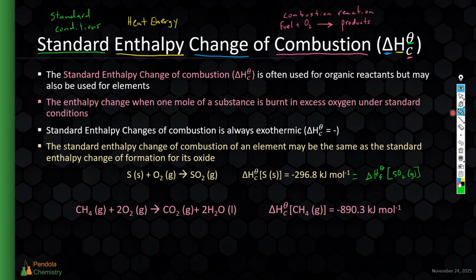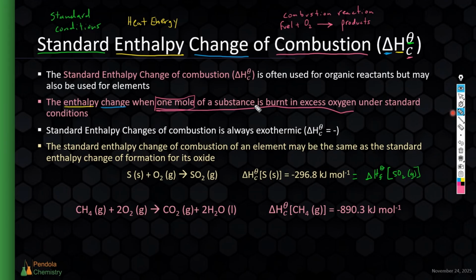The standard enthalpy change of combustion is the standard enthalpy change, and again, that's going to be always there, enthalpy change, because that's what we're talking about in this whole section. The enthalpy change when 1 mole of a substance is burnt in excess oxygen. So the 1 mole for enthalpy changes of combustion are of what we call the fuel, or the substance being burnt.